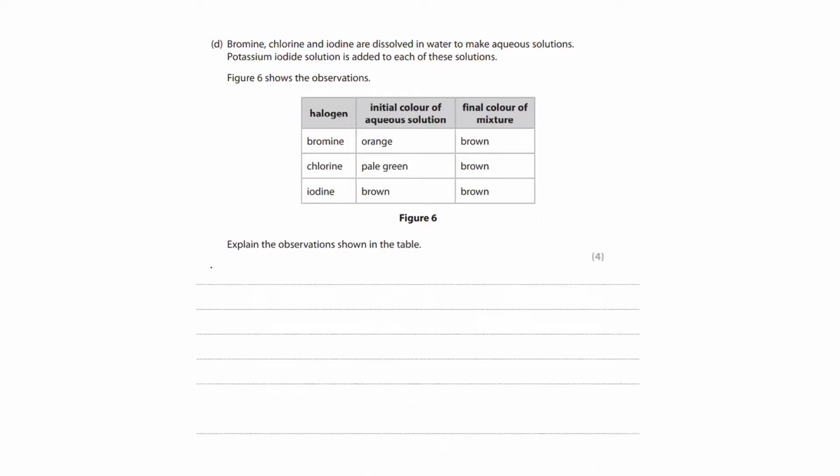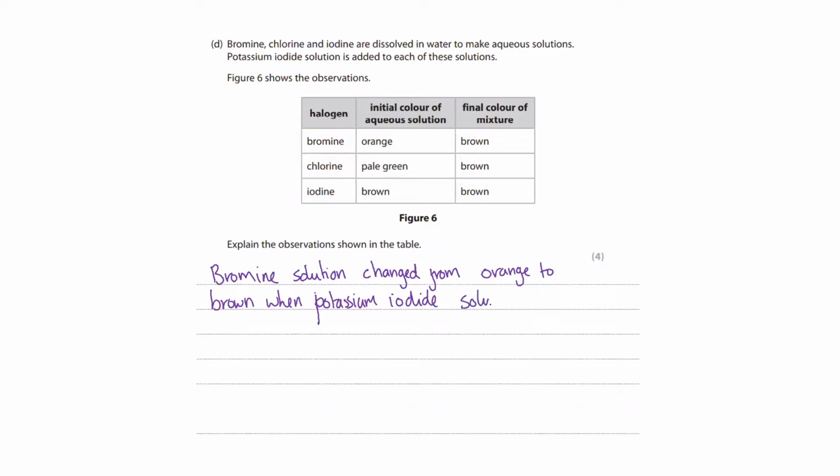Bromine solution changed from orange to brown when potassium iodide solution was added.